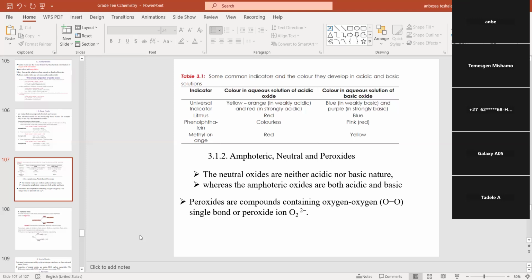The third oxide is a peroxide. When you come to the peroxide, a compound contains oxygen-oxygen bond. Type of bond is a single bond actually, and in the peroxide ion, the oxidation state of oxygen is always -1.